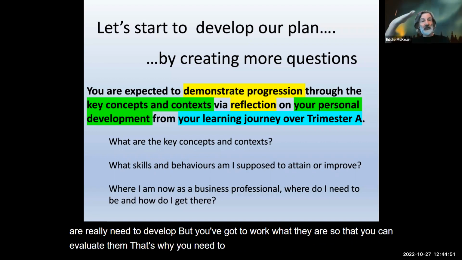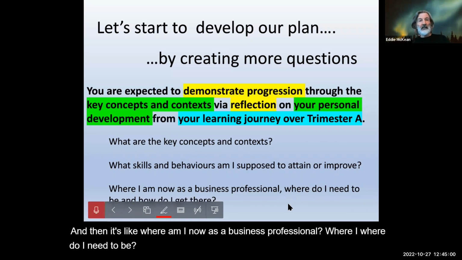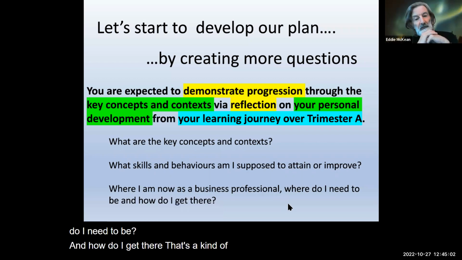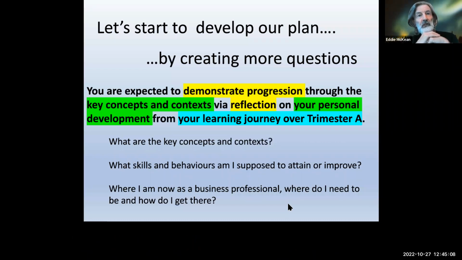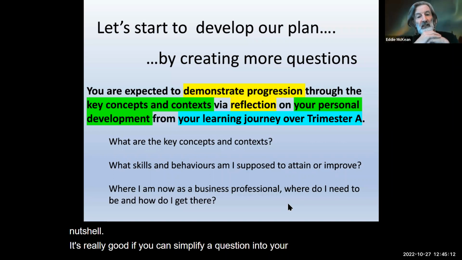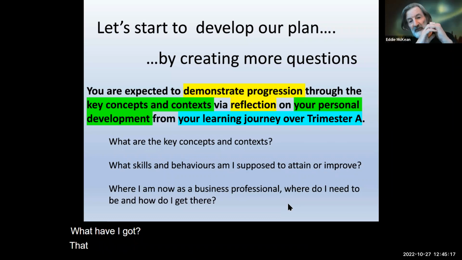But then you can go, where am I now as a business professional? Where do I need to be? And how do I get there? That final question is, for me, the whole thing in a nutshell. It's really good if you can simplify a question into your own language. What have I got that means I'm already a business professional?